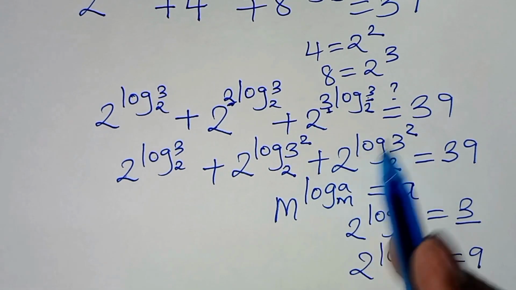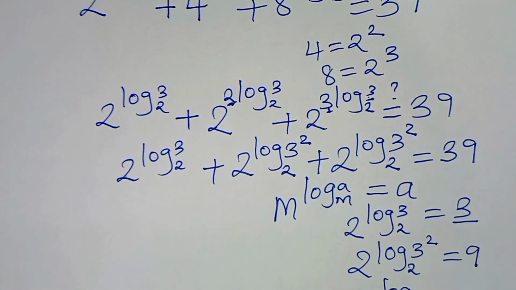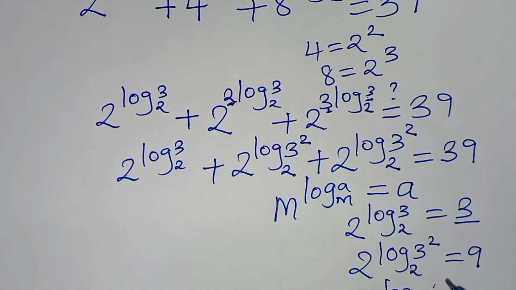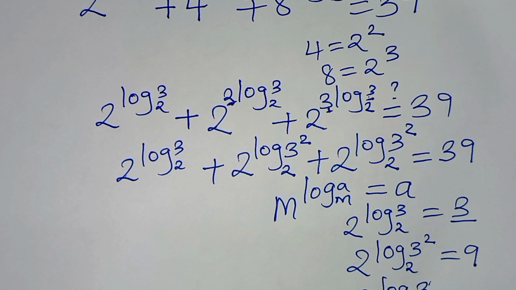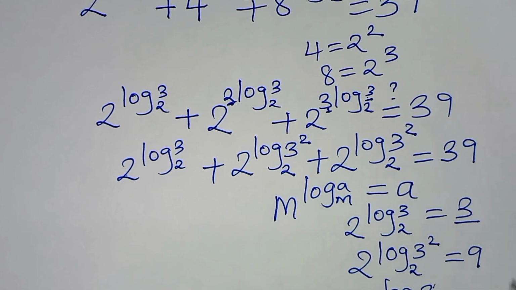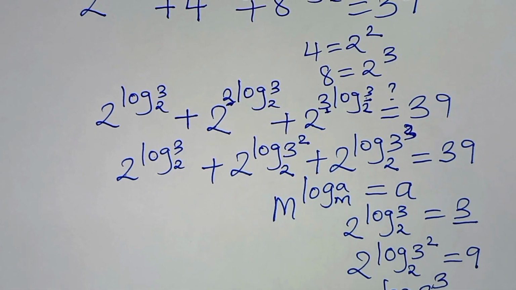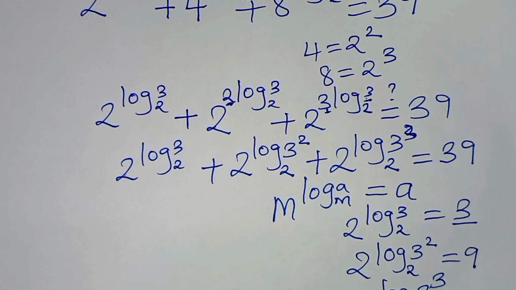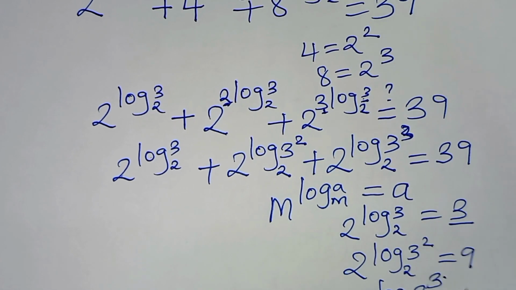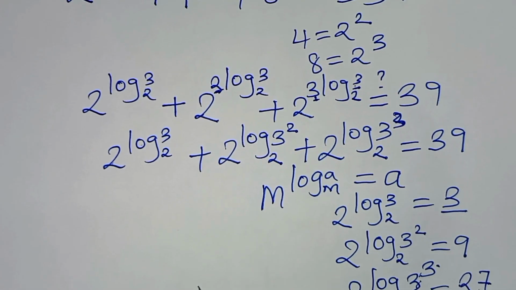Then we have 2 to the power log 3 to the power 3 to base 2, which is equal to 3 to the power 3, which is 27.